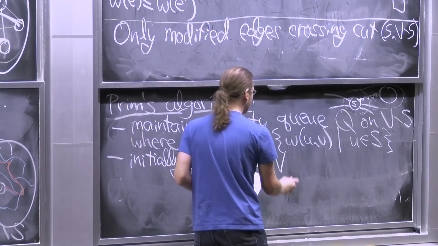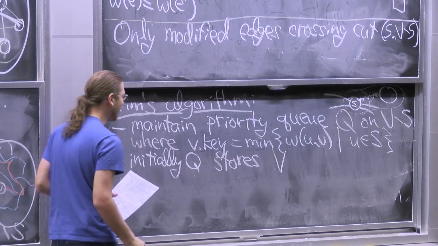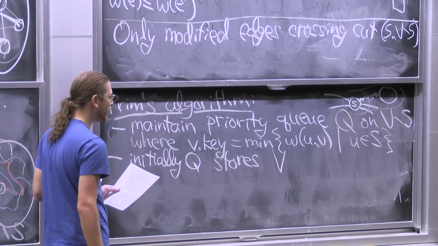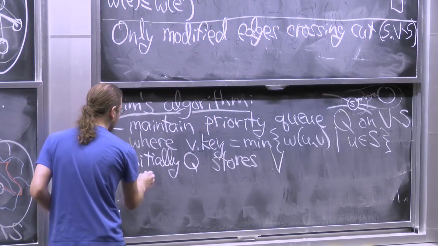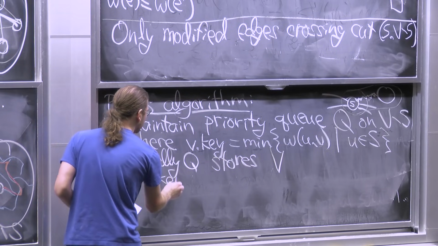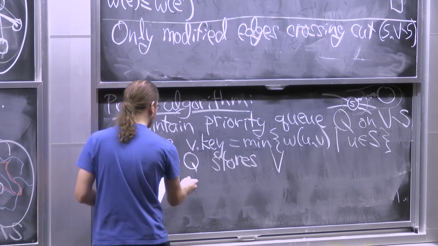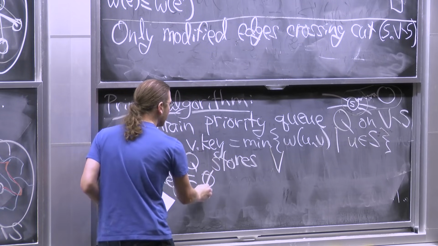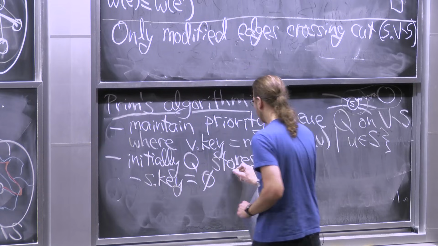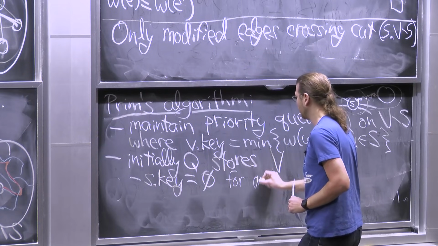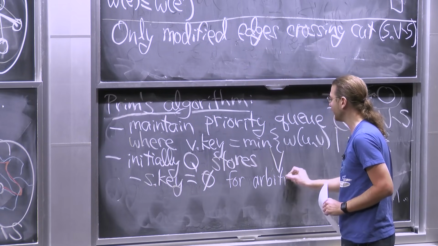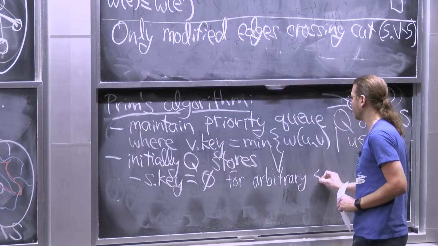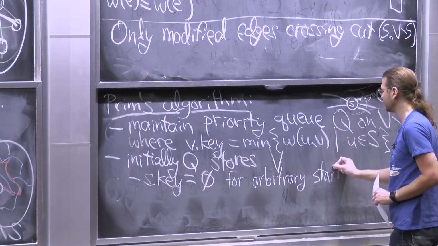OK, we're going to initialize with S being the empty set. So Q will store everybody. Except I'm going to get things started by setting, for a particular vertex little s, its key to 0. It doesn't matter who little s is. That's just your start vertex.